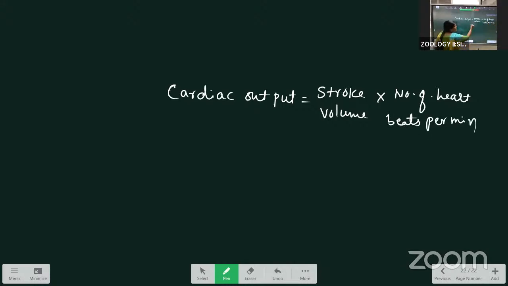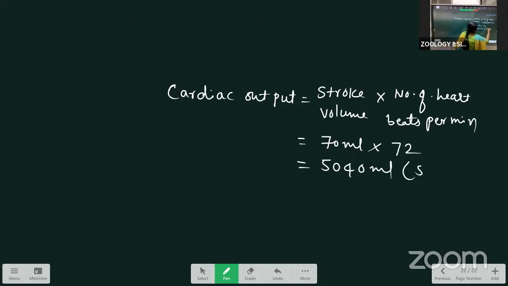Already we discussed the healthy person. The stroke volume is 70 ml, and the heartbeat is 72 times per minute. Like this, it means 5040 ml, that is about 5 liters of blood comes out from the heart per 1 minute. Here, this is about the cardiac output.